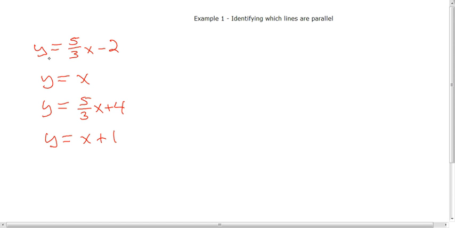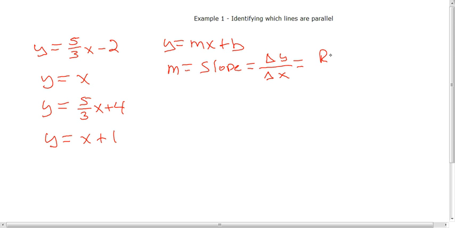We have y is equal to 5 over 3 x minus 2. We know what the slope is in this situation because the equation is written in y is equal to mx plus b, and in this format we know that m is the actual slope, which is the change in y over the change in x, which is equal to our rise over run.